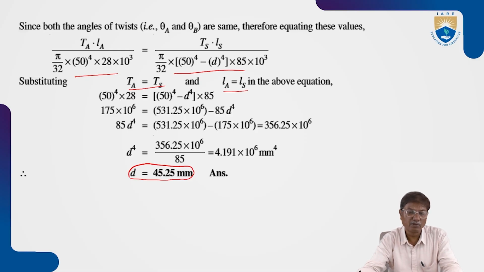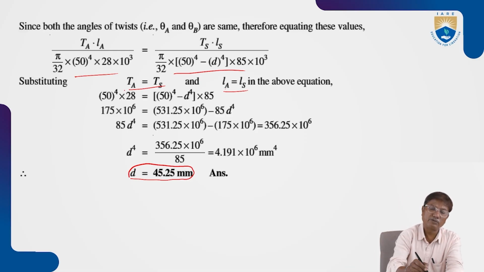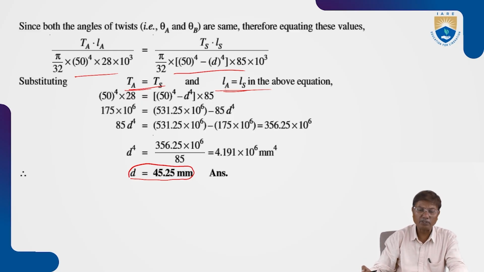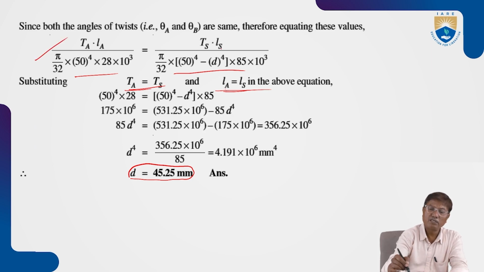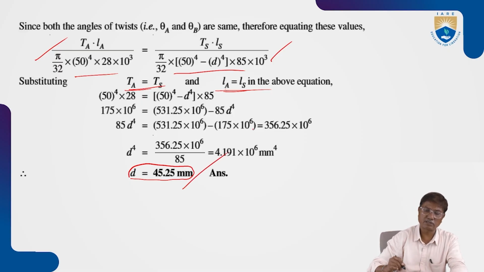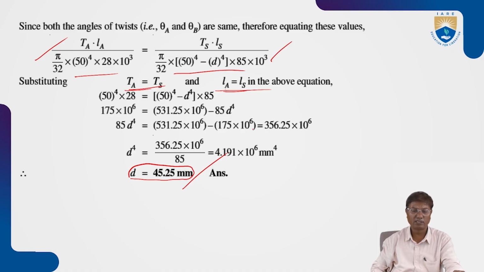So we have used here the given conditions: torques transmitted are equal, lengths are equal, and also angles of twist theta A and theta S are equal. Using these conditions, we find out the inner diameter for steel shaft.